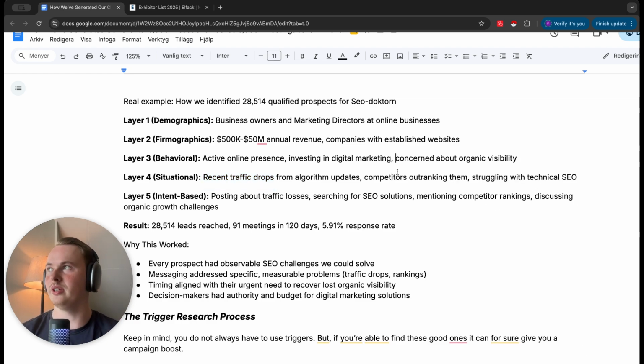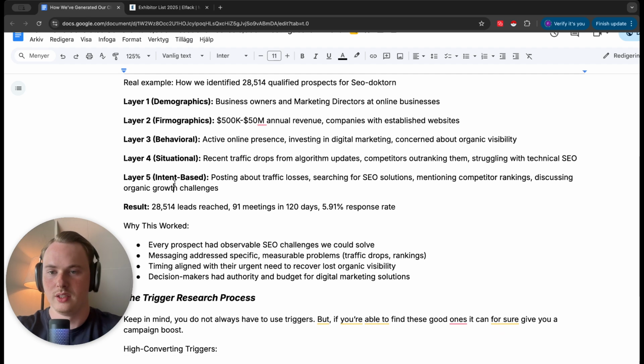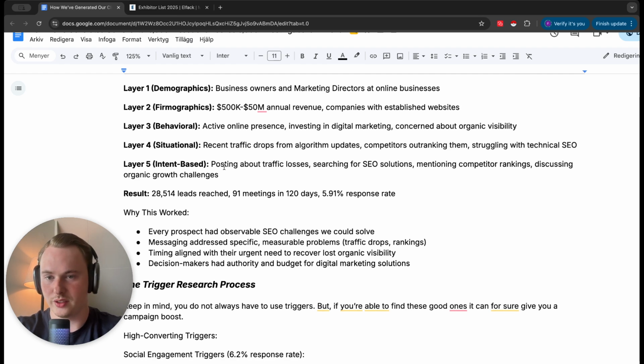I won't go too in depth about how our messaging looks, but we mentioned things like that they're getting outranked by their competitors, also name-dropping their exact traffic drops and how their page speed is looking and stuff like that. Interest-based: posting about traffic losses, searching for SEO solutions, mentioning competitive rankings, discussing organic growth challenges.